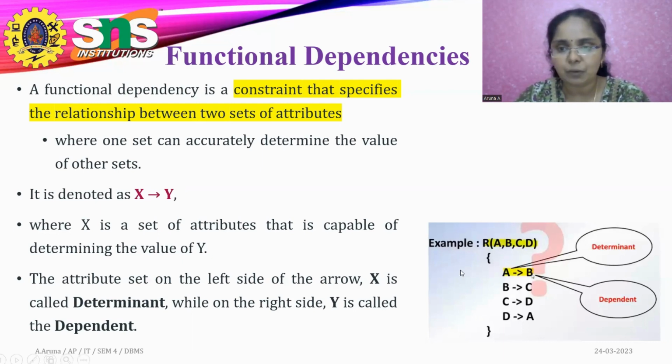For example, here R is the relation. That particular relation contains four attributes: A, B, C, and D. I am also giving some relationships: A can determine the value of B, B can determine the value of C, C can determine the value of D, and D can determine the value of A. The left-hand side attribute we call the determinant, and the right-hand side attribute we call the dependent.